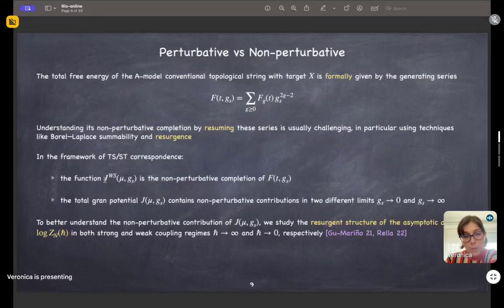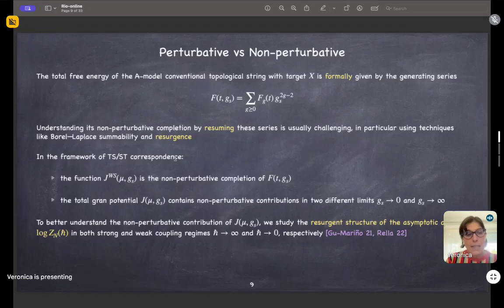And in fact, we already know that the function that I called J_WS is, in a sense, the non-perturbative completion of the function F. Because, as you know, when the Gopakumar-Vafa invariants were first introduced, essentially they came as a rearrangement or a resummation of this series where the variable g_s gets resummed into a certain sine function.